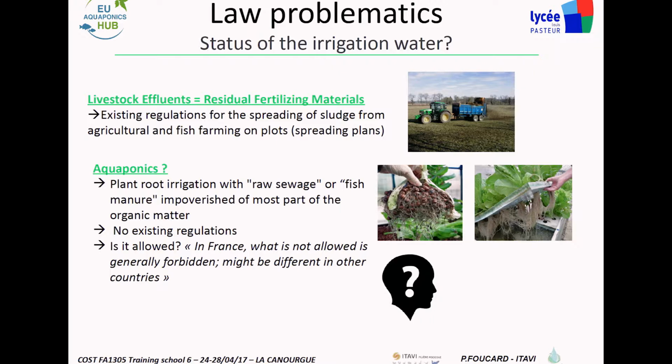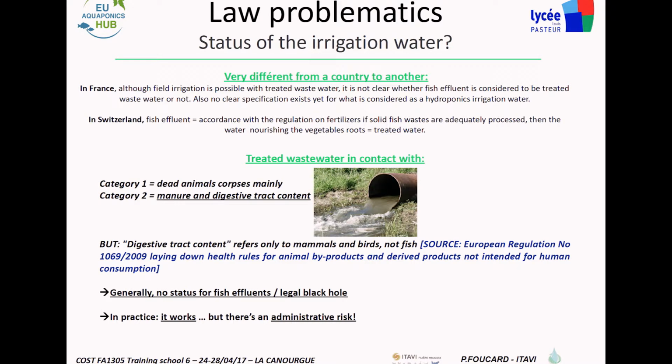But aquaponics is not really classified in administration text. In France, I don't know if it's the same in your country, what is not allowed is generally forbidden. But maybe it's not the same in your countries. But the fact is that in France it should be considered like treated wastewater in contact with manure and digestive tract content.